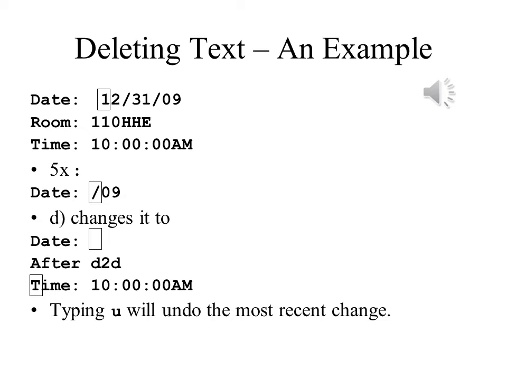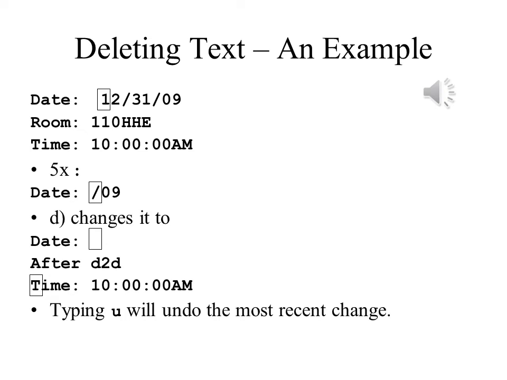We can see here another example. In this case, we have an event announcement. The date is December 31st, 2009, the room 110 Hagedorn Hall of Enterprise, the time exactly 10 a.m. If I have the cursor located on the 1 of 12, and I then type 5x, all I will be left with is the /09 afterwards.